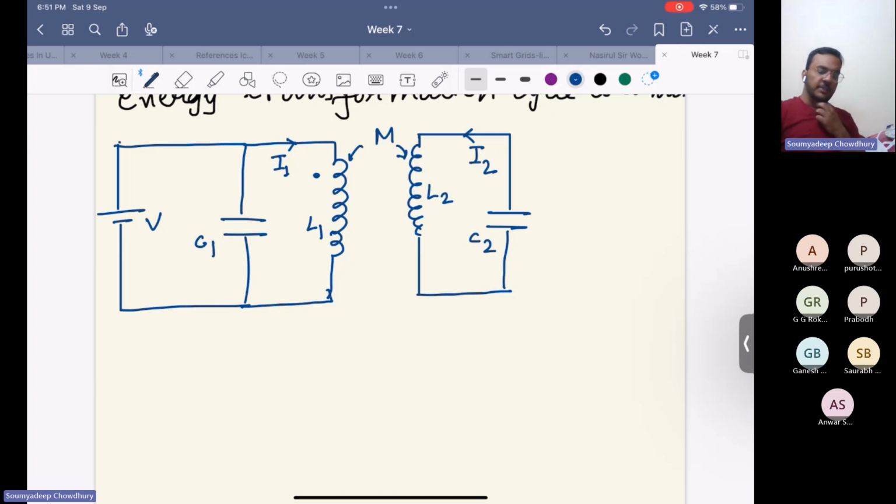Okay, so if you see, this is the circuit diagram of the Tesla coil, and we will be applying KVL, that is Kirchhoff's voltage law, in the primary winding and the secondary winding separately.